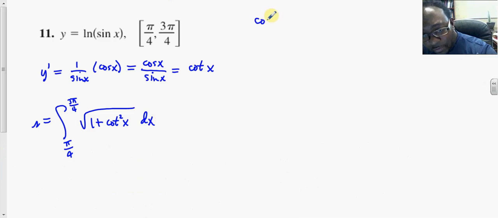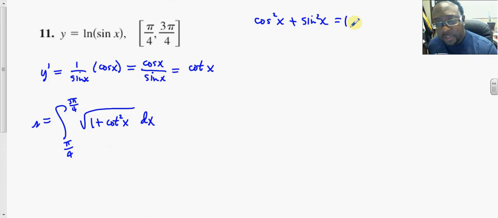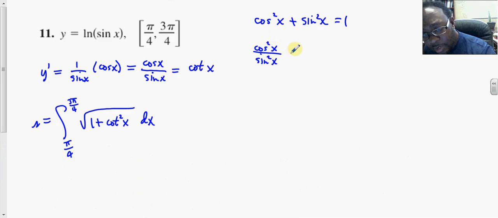Just think about cosine squared x plus sine squared x is equal to 1. We want to build a cotangent, so we have to divide everything here by sine squared. So we have cosine squared x divided by sine squared x plus sine squared x divided by sine squared x is equal to 1 over sine squared x.